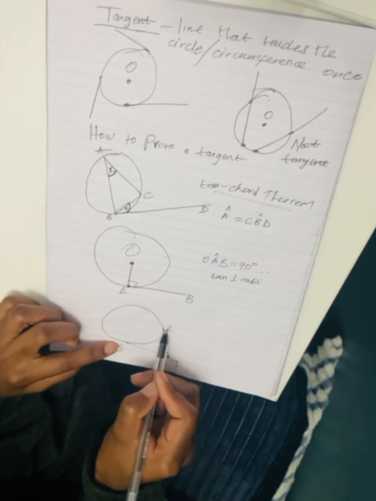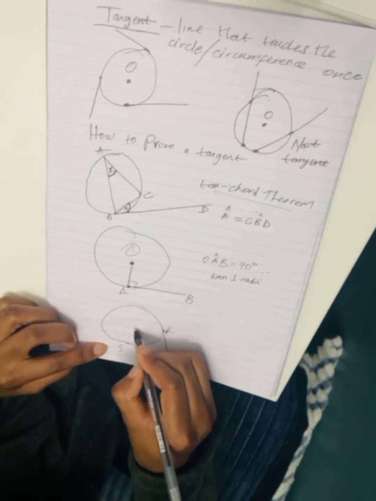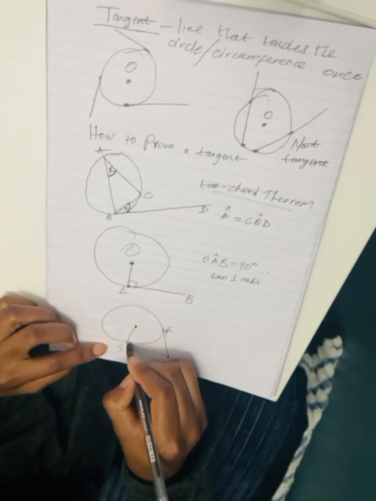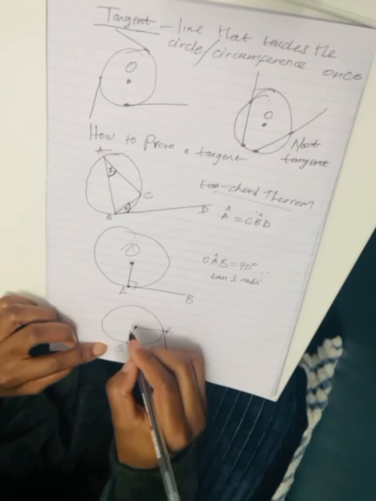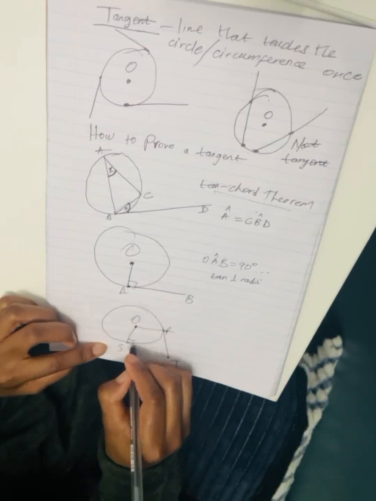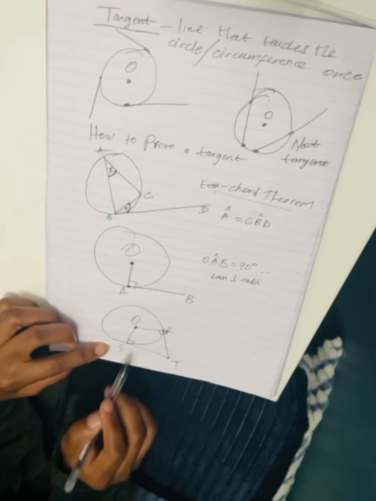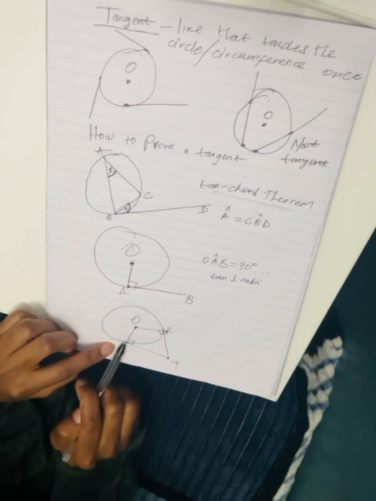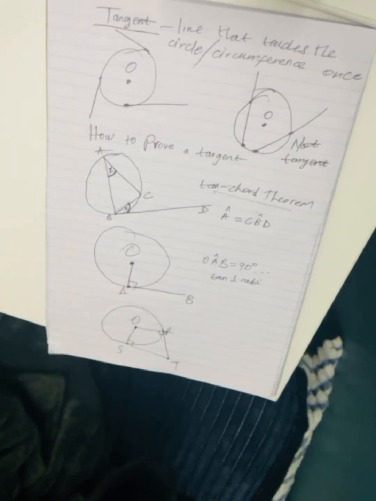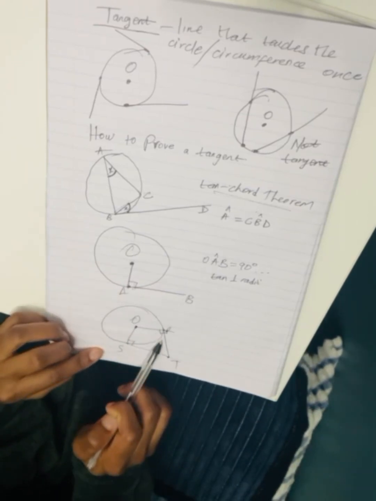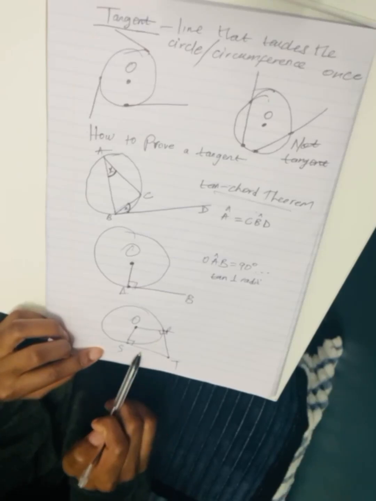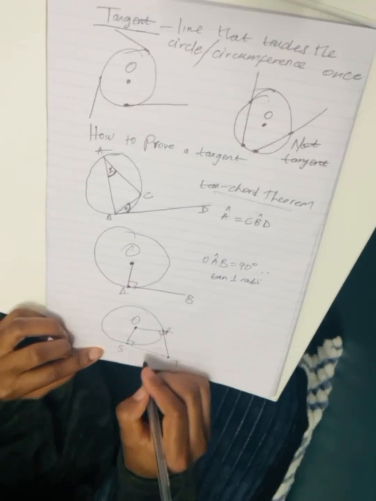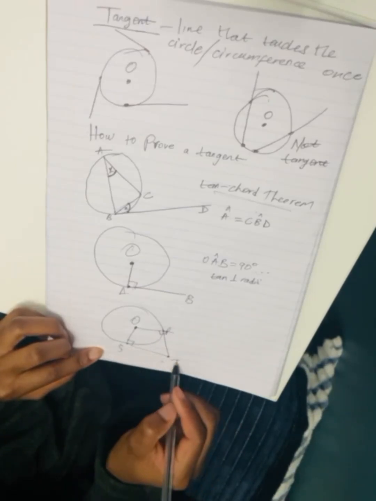We have a center O and radii here. This is 90 degrees and 90 degrees because the tangent is perpendicular to the radius. But what we need to know is that the tangents from the same point are equal. So ST is equal to TR.